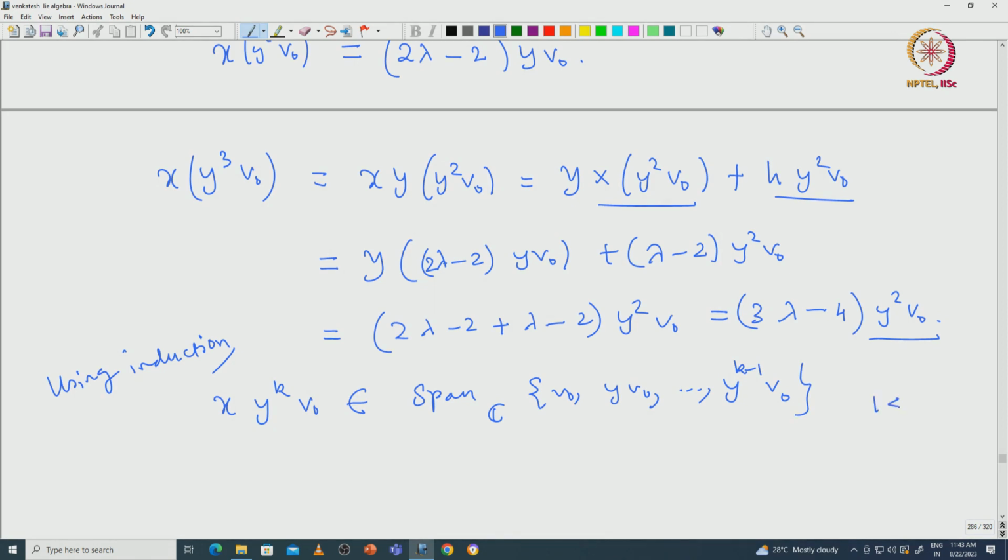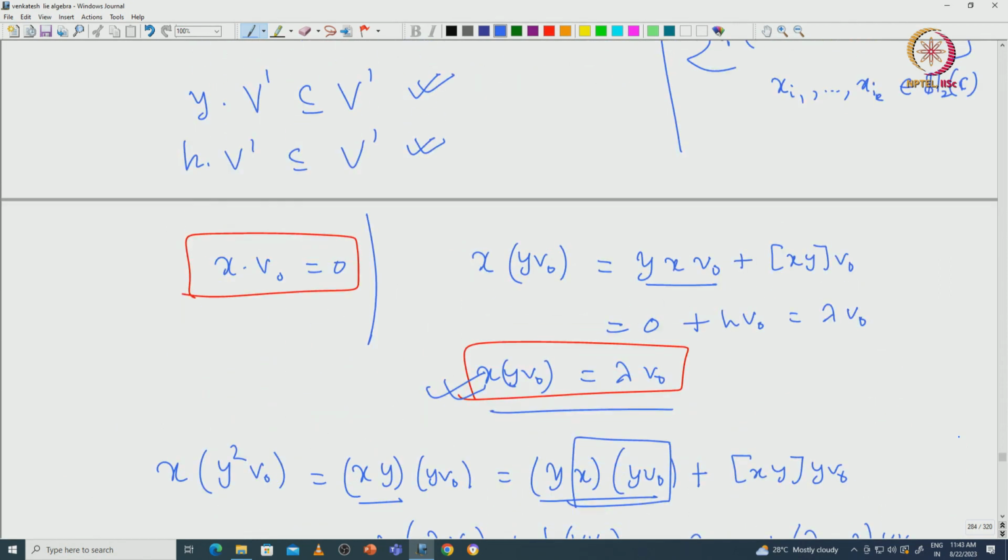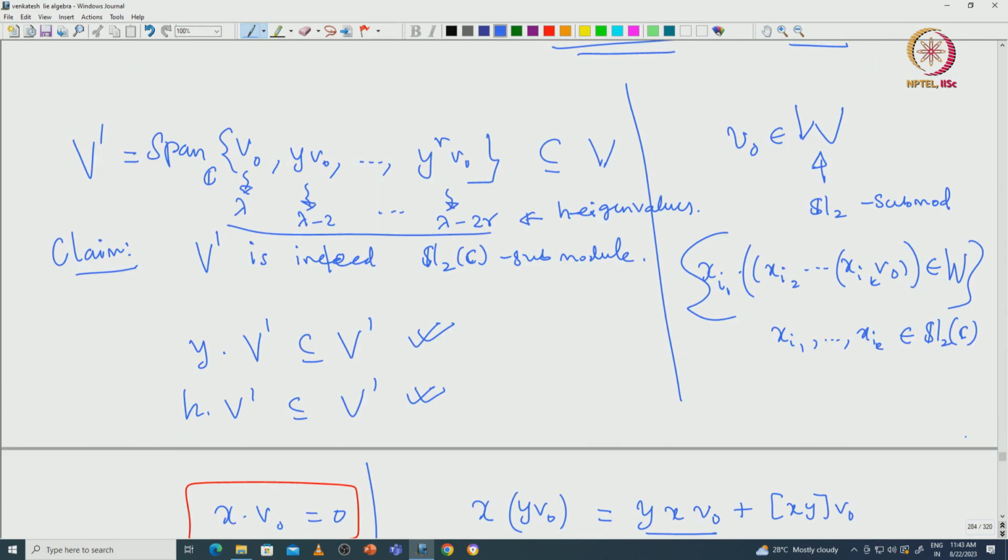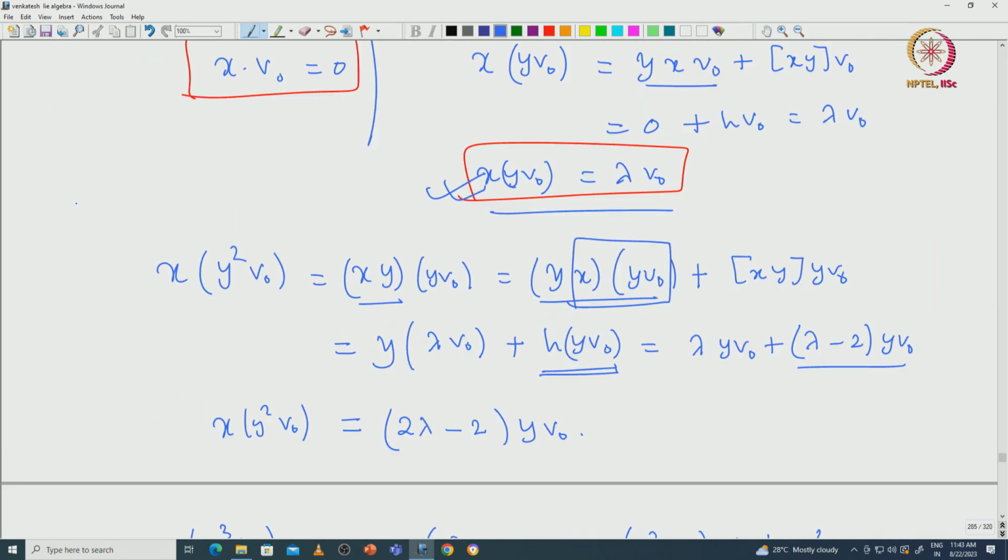Okay. This is true for all 1 less than or equal to k less than or equal to r. So, this proves that if we take this V dash, which is the span of V naught, y V naught, etc., y power r V naught, that is actually an SL2 submodule. So, that forces this V dash to be equal to V.